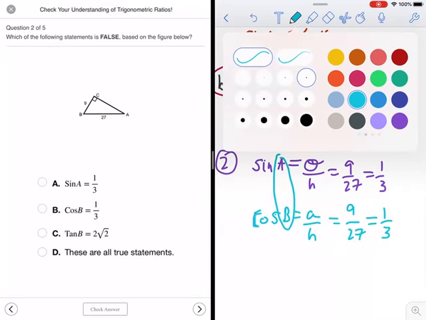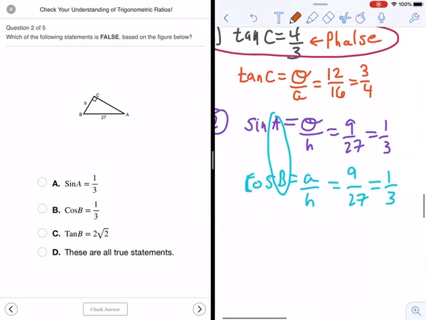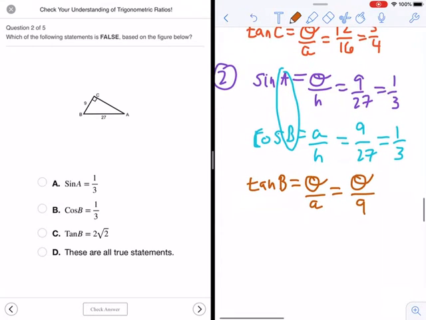This one throwing us for a little doozy, saying tangent of angle B equals opposite over adjacent equals, well, we don't know the opposite side, we know adjacent's 9, so really fast it's going to make us use Pythagorean theorem.